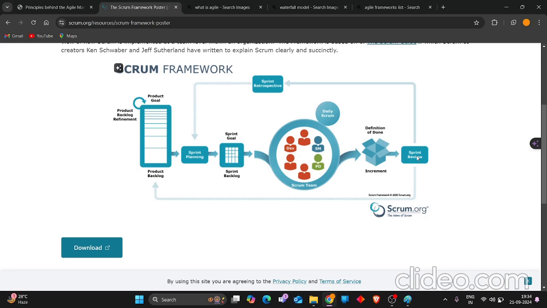In sprint review, all the people in the Scrum team discuss what features they worked on, how much time they required, how much time they spent, and what they were doing. After the increment and sprint review, one feature is deployed successfully. Now it comes to the second feature.